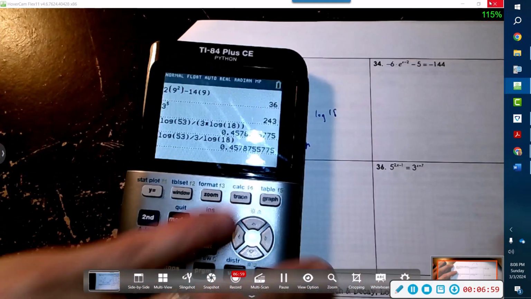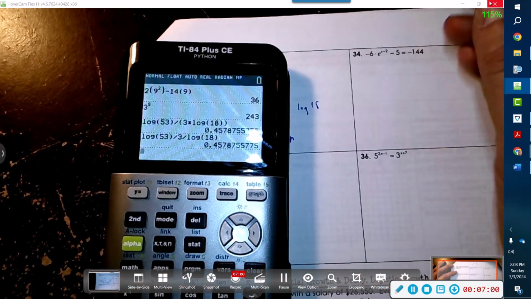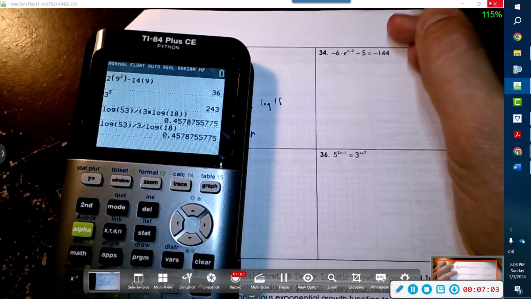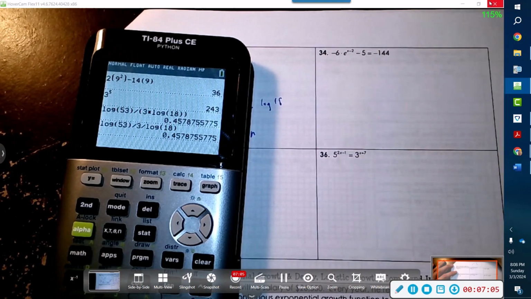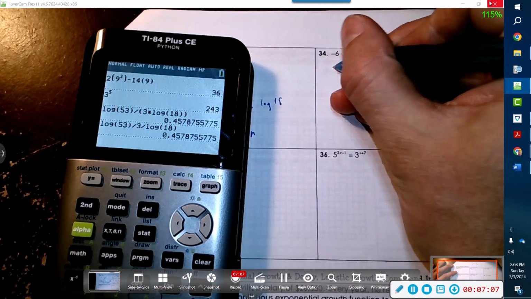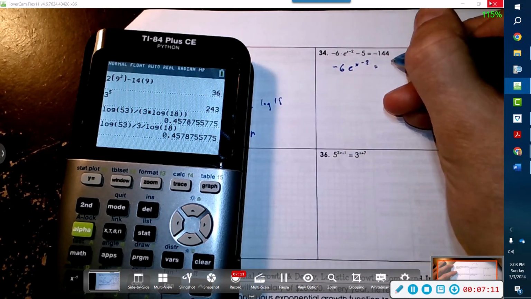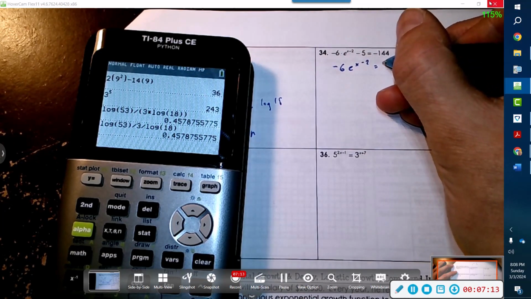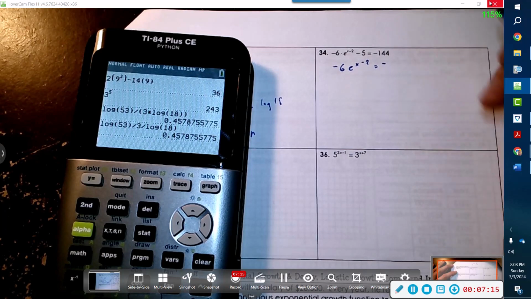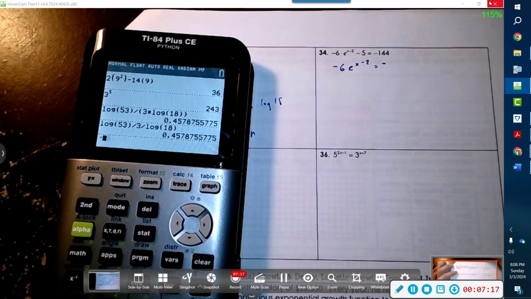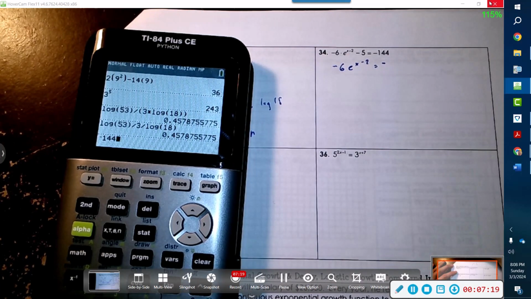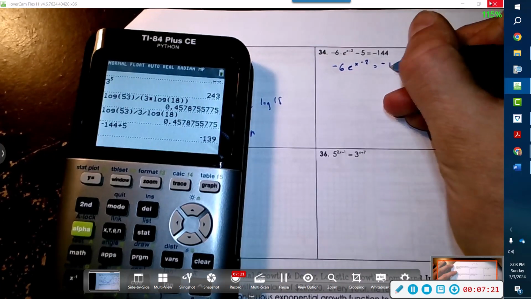Okay, moving forward, we did a lot of these. These are great things to do because they'll help you solve practical problems down below. I've always enjoyed these. We're going to add a positive 5, so that becomes negative 139.